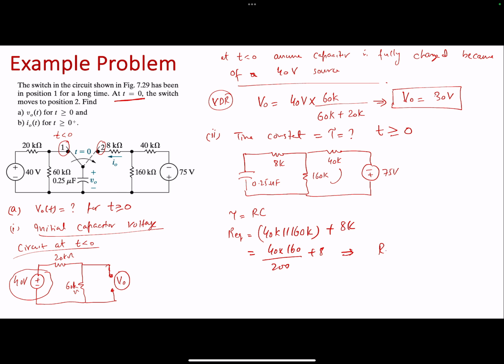Once you solve this, you'll find the equivalent resistance comes out to be 40 kilo ohms. So I can replace both of these values. Tau equals 40K times 0.25 microfarad, 10 to the power minus 6, and this comes out to be 10 milliseconds. So this is the value of tau here.